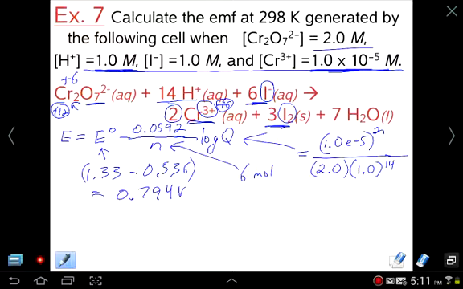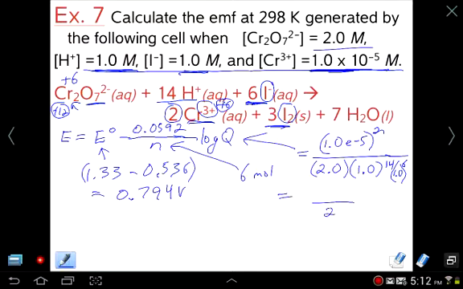Looks like I minus is also in there. I minus is also 1.0, so we have 1.0 to the 6th power because of this. Notice all we did is products divided by reactants. Let's compute this. The nice thing is in the bottom we just have 2, because these to the 14th power is still 1.